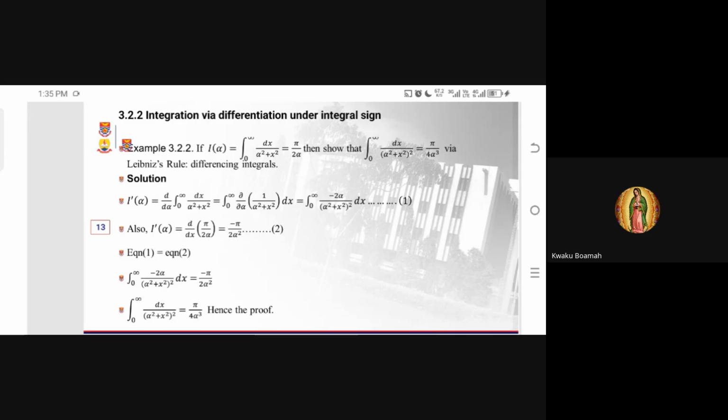Our question said if that, show that, this is it. So we use what we were given to show what they are asking us to do, and we realize that it is true. Therefore, the proof is correct. We've proven it. Please, are we okay?